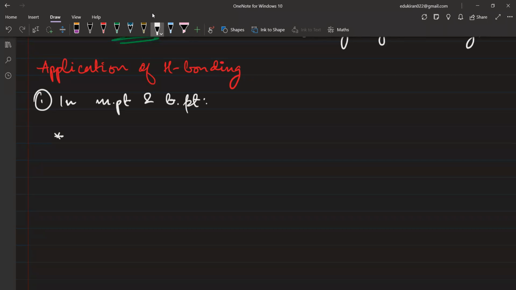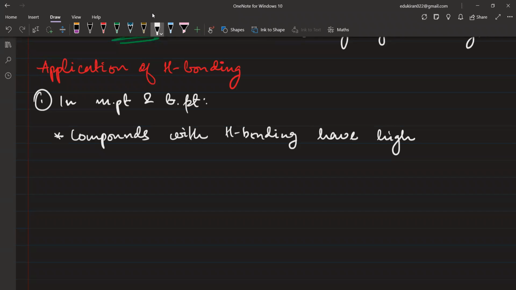Please write: compounds with hydrogen bonding have higher boiling point and melting point.